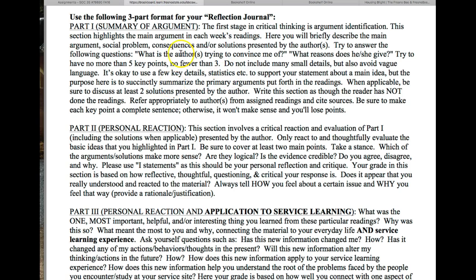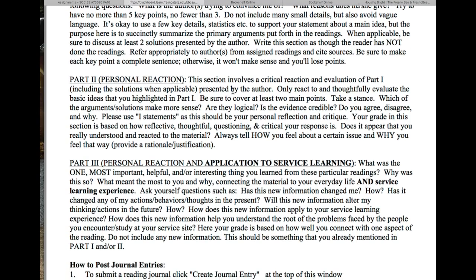And so here, as another one of your 5 points or 3 points, you might write about what the arguments are that are presented in that Fresno Bee article, and what the evidence or the reasons are that are provided. Definitely use a few key details, maybe some statistics, in this particular section.